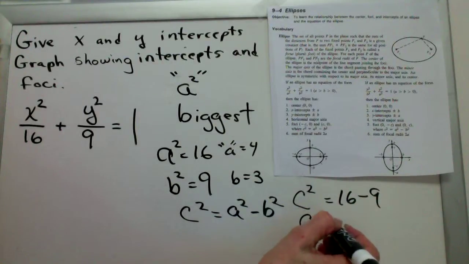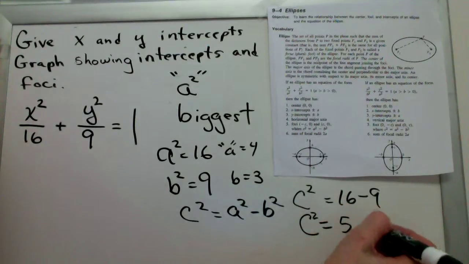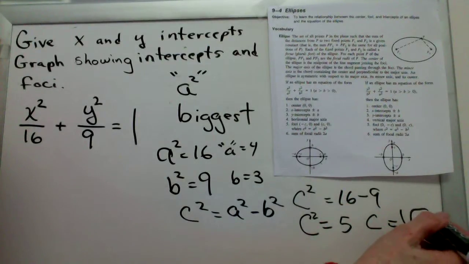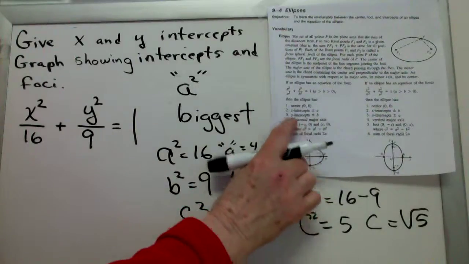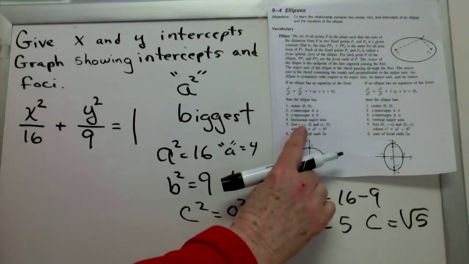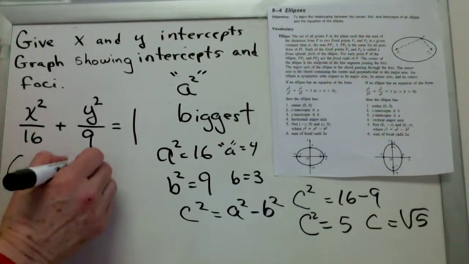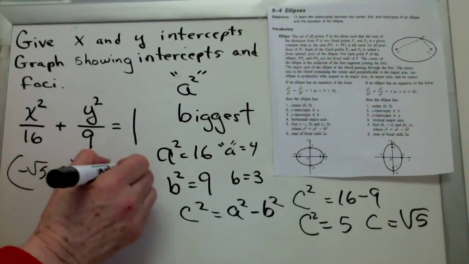And c squared equals 7, so c equals the square root of 7. So according to this, the foci on this is minus c, 0 and c, 0. So root 7, 0 and minus root 7, 0.